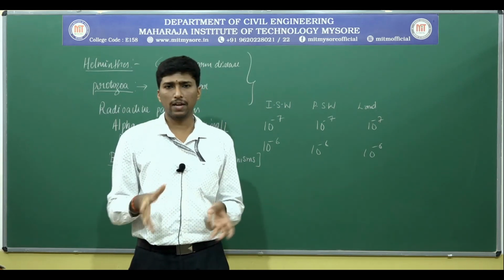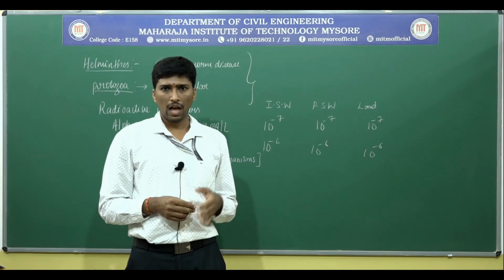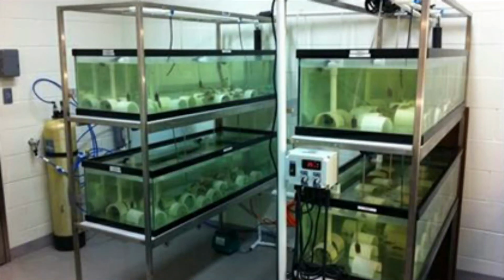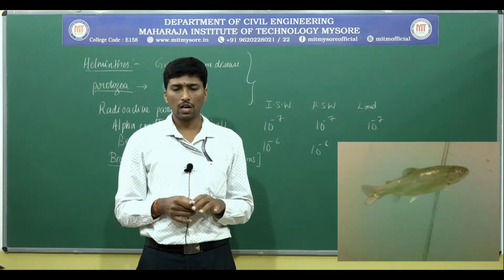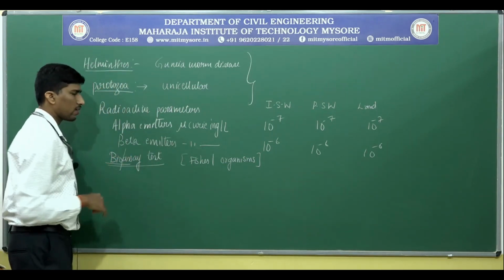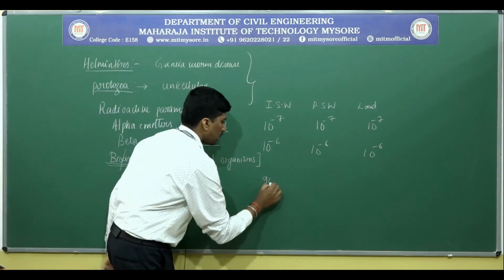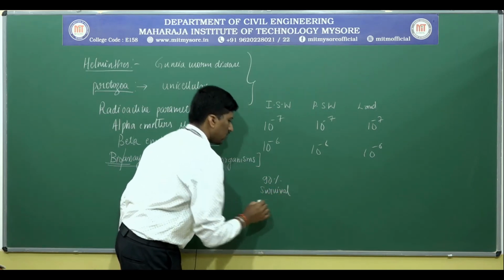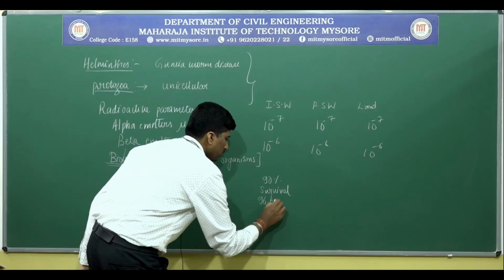The wastewater is introduced with certain dilution, and they check whether the survival rate of the organisms is exactly 100% or 90%, 40 or 50%. Based upon that kind of test, we call it the bioassay test, meaning using living organisms. Especially in the inland surface water, it is 90% survival of the organisms in the case of 96 hours in effluent.